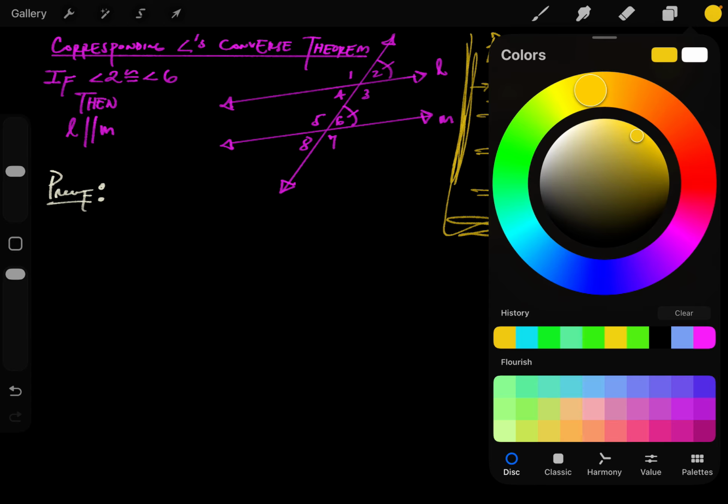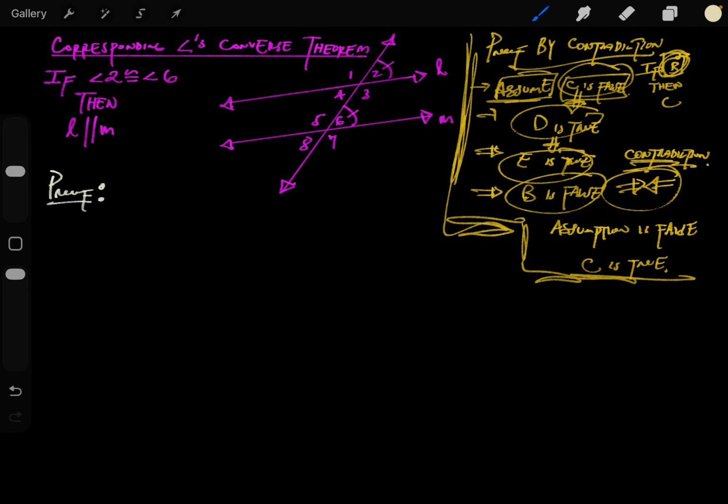So let's do this now. In this case, we want to assume that L is not parallel to M. If L is not parallel to M, that means immediately that they must intersect, because L being parallel to M means that they don't intersect.